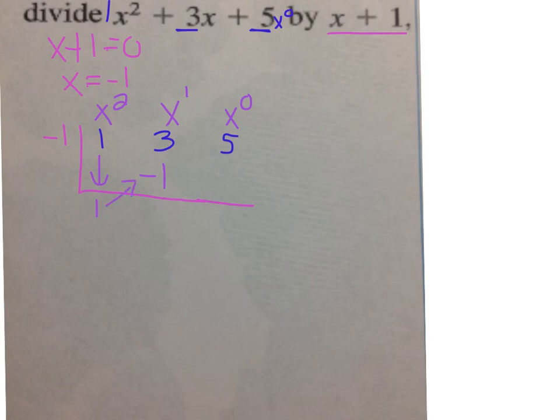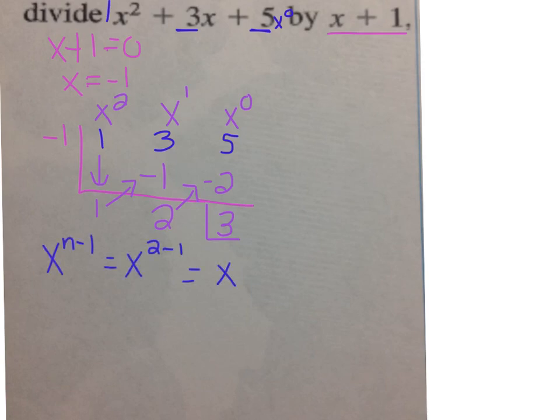Then we add them, sorry, my bad. We have 3 minus 1, which gives us positive 2. 2 times negative 1 gives me negative 2. And then we're adding, what's 5 plus negative 2? That gives me positive 3. This last box is always going to be a remainder once you're doing synthetic division.